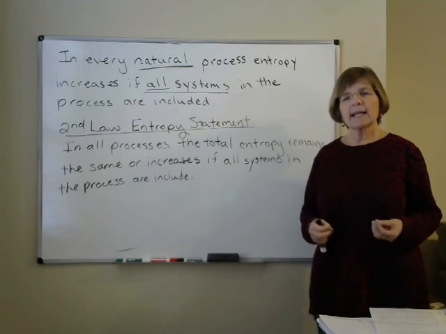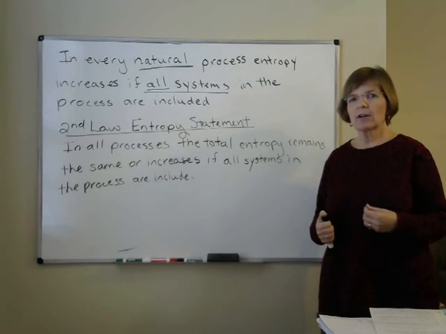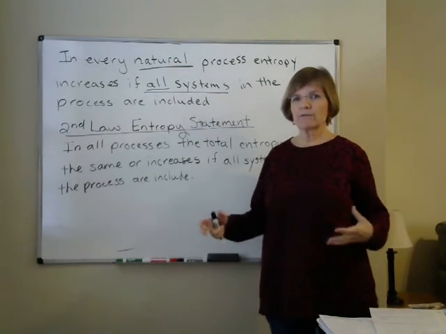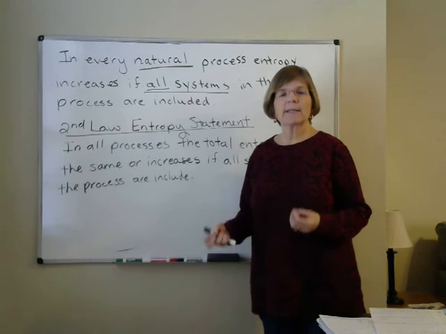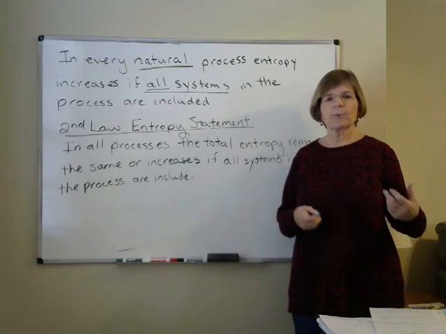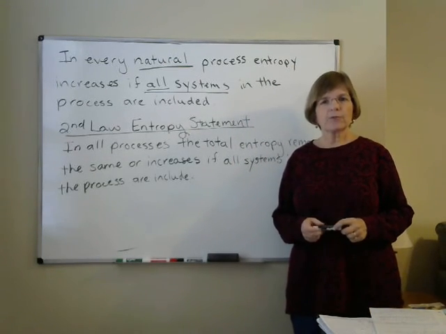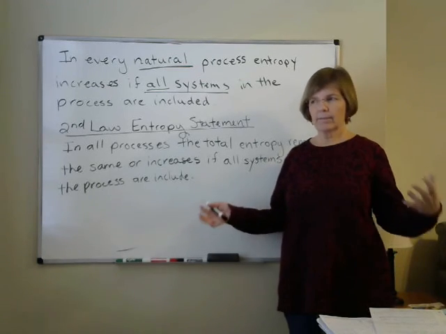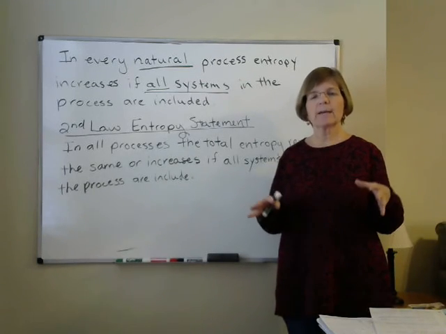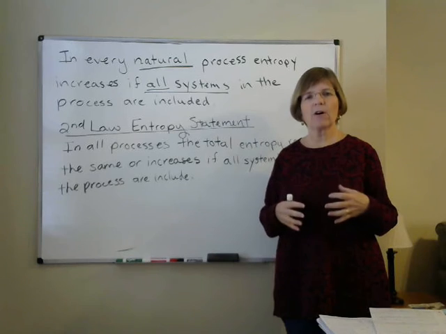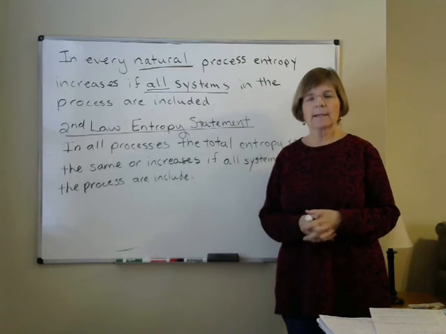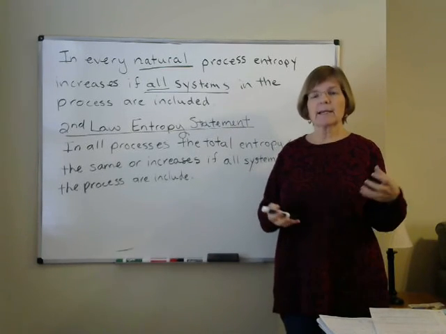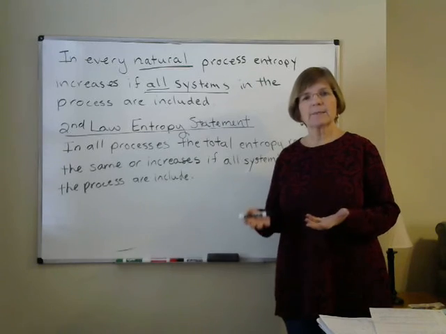The second law is not conservation of energy. Conservation of energy still is in play, but it simply says that in all natural processes, the entropy will increase if you think about every system involved in the process. Now, the entropy of some things may go down and the entropy of other things may go up.